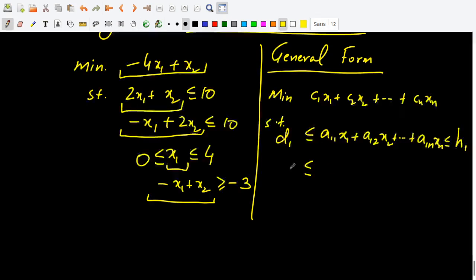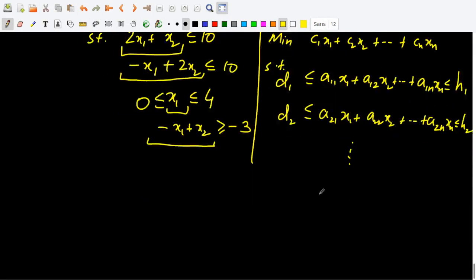Similarly, constraint number 2 is saying that some linear function should lie between two given constants, and so on and so forth.